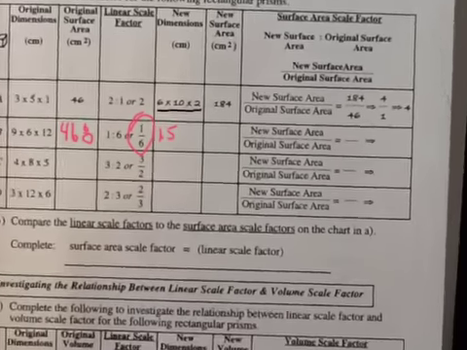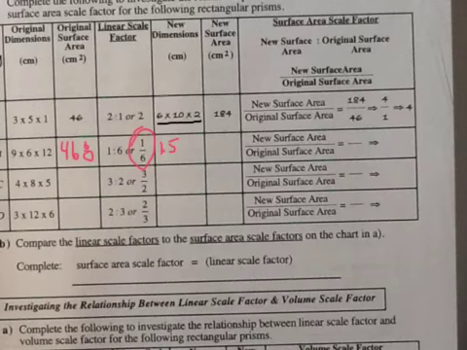Let's see if I can zoom in a little bit for you here. Okay, so your old one is 468, and your new one is going to be 1.5 by 1 by 2, and your new surface area is going to be 13.